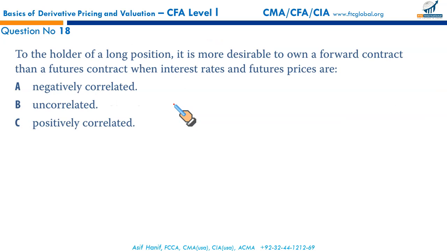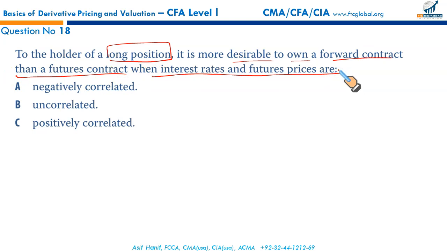Next, to the holder of a long position, it is more desirable to own a forward contract than a future contract when the interest rates and future prices are. Let us move one by one. Let us first discuss uncorrelated. If the future prices and interest rates are uncorrelated, forward and future prices will be the same. Now, if the future prices are positively correlated with the interest rate, in that case, future contracts are more desirable to holders of long positions than forwards.